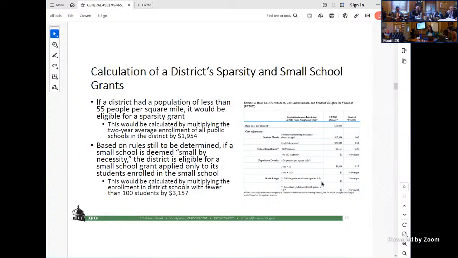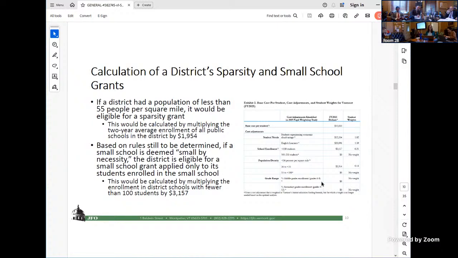There is a memo that she produced, and I can share this with Will to share with the committee, that provides more information on the background of the updates and interpreting the cost adjustment categories. There's also the 2019 pupil weighting factors report, which I can also share with Will.